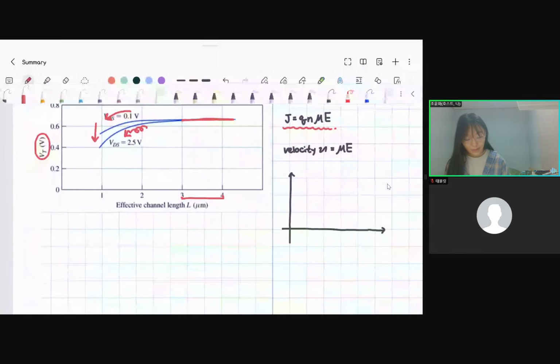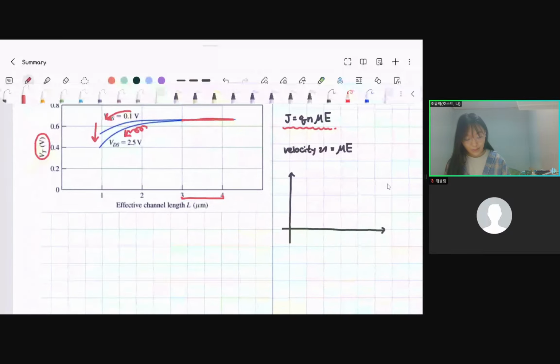So when the device has a long enough channel like this, the depletion region is like this.